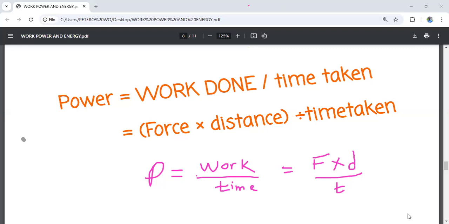Now, after us noting what power is, I think we can look at some few examples and see how we can use this calculation.